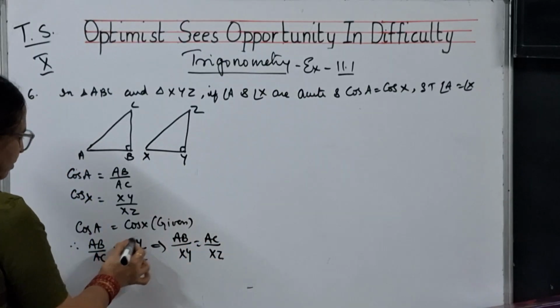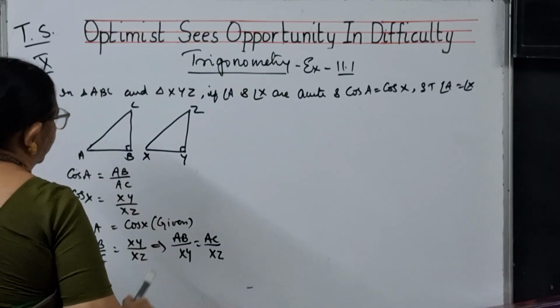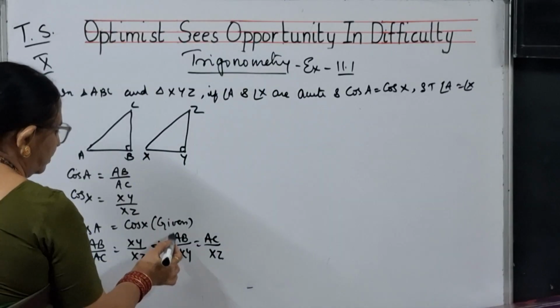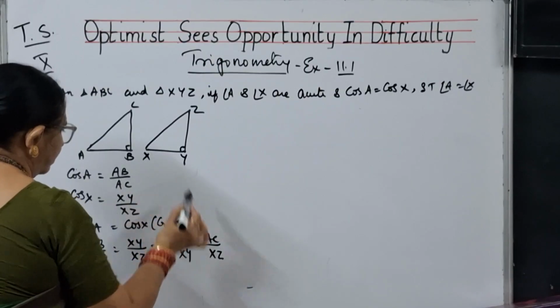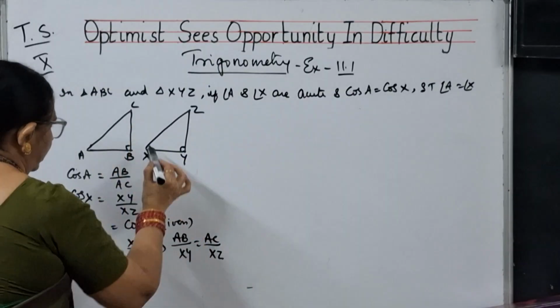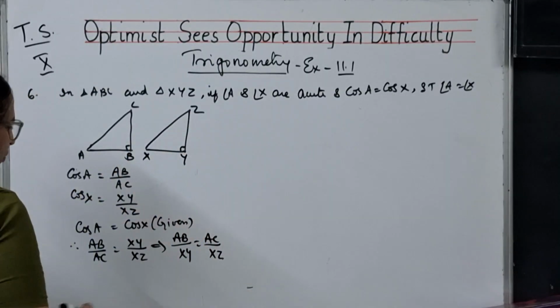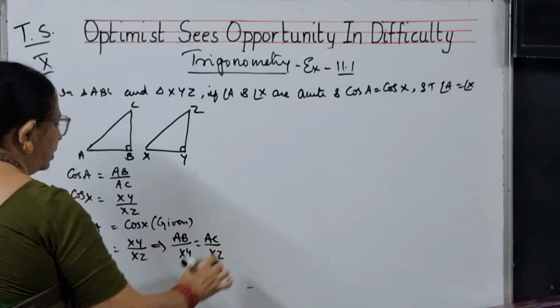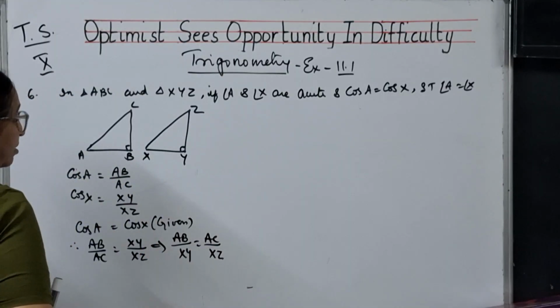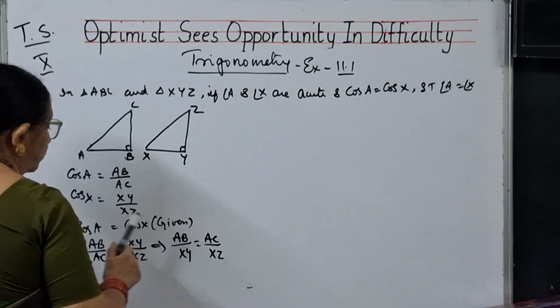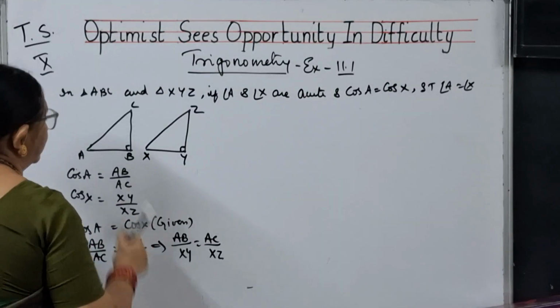I have just changed these positions so that I can get corresponding sides of two triangles. AB is this side, XY is this side, AC is the hypotenuse, and XZ is also the hypotenuse of that. So we got one set of corresponding sides proportional.